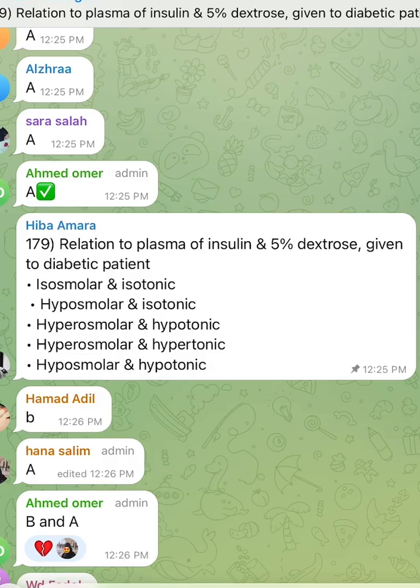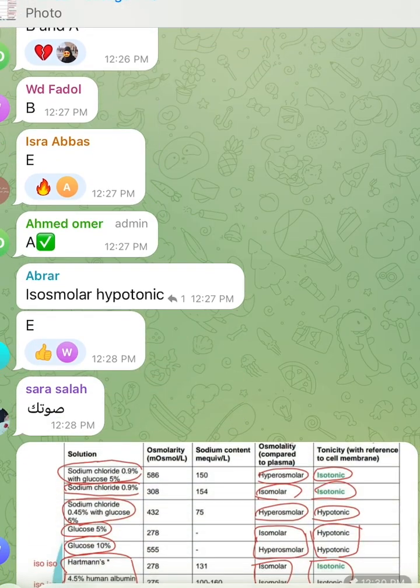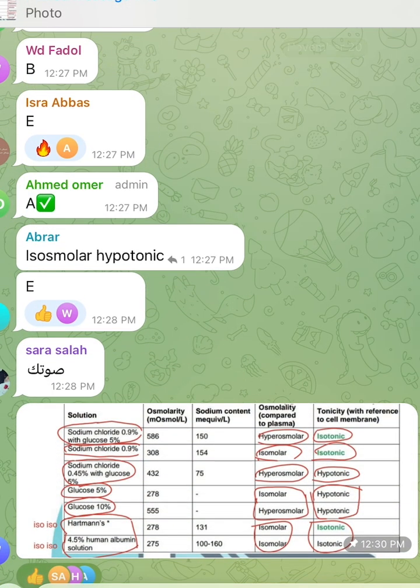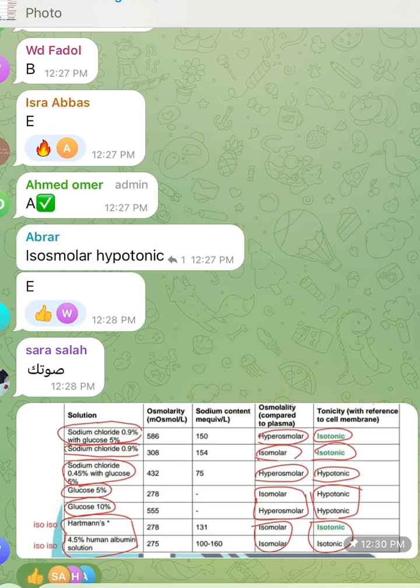Relation of normal saline: normal saline is isoosmolar isotonic, and glucose is hypotonic. Osmolarity is same but hypotonic. Glucose is isoosmolar hypotonic.